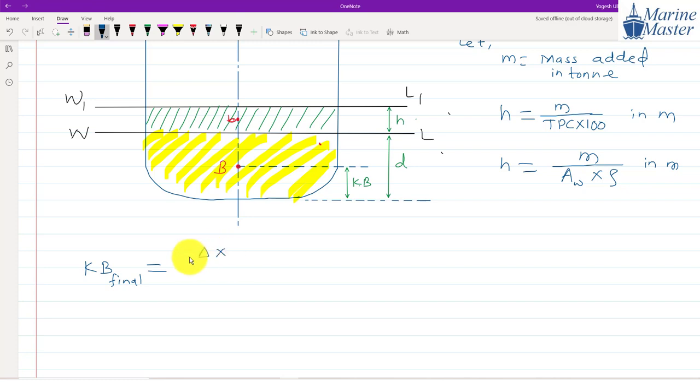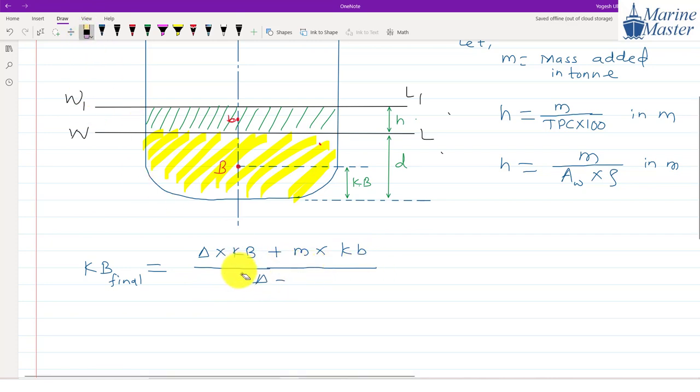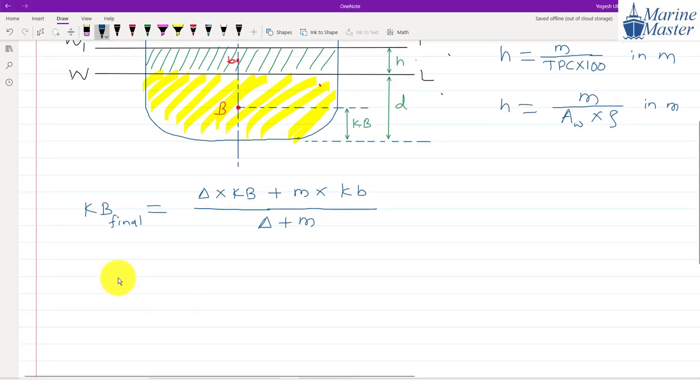Initial delta into KB plus mass, that is small KB, divided by what? Delta, not minus, guys. Delta plus. Correct. Good. Very good. And guys, very simple discussion.